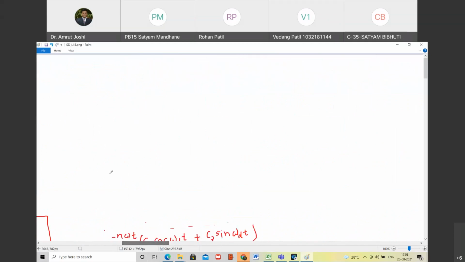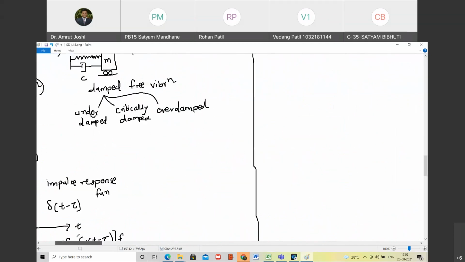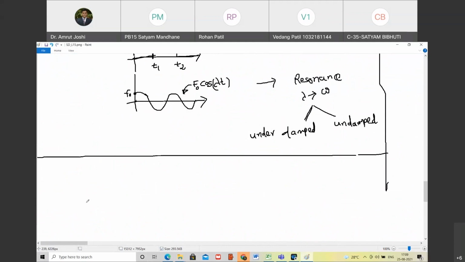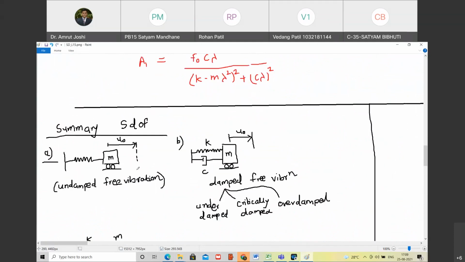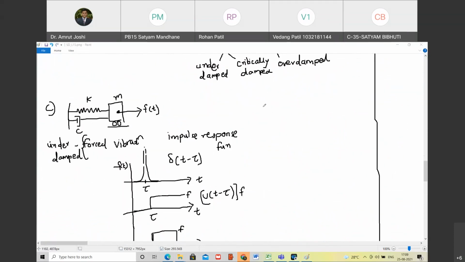by the way, in this single degree of freedom system, we have done one more thing. I forgot to mention that, and that we have done in lab class, where I have shown such kind of system excited with base excitation.